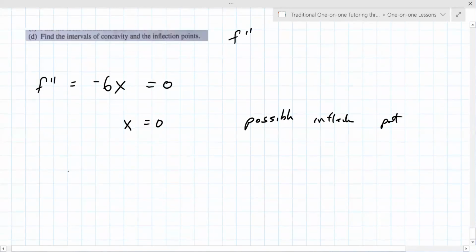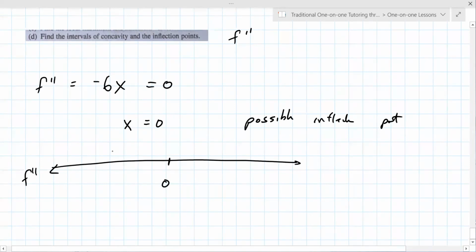We know for sure if it changes sign on the sign chart. You put your critical point there. When you put a negative number into minus 6x, it becomes positive. When you put a positive number into minus 6x, it becomes negative. So yes, this is an inflection point.